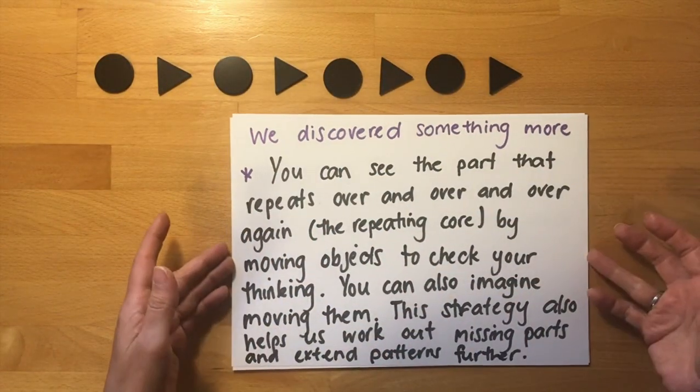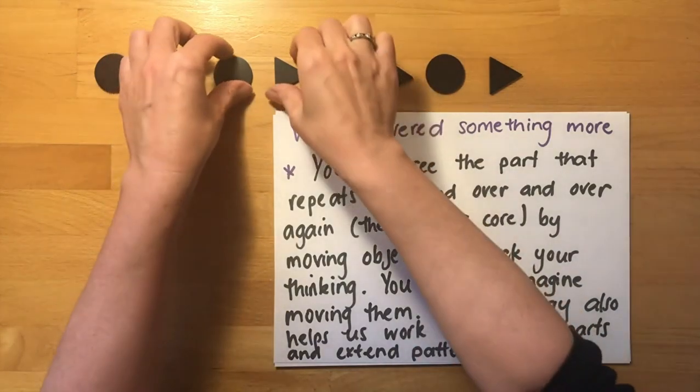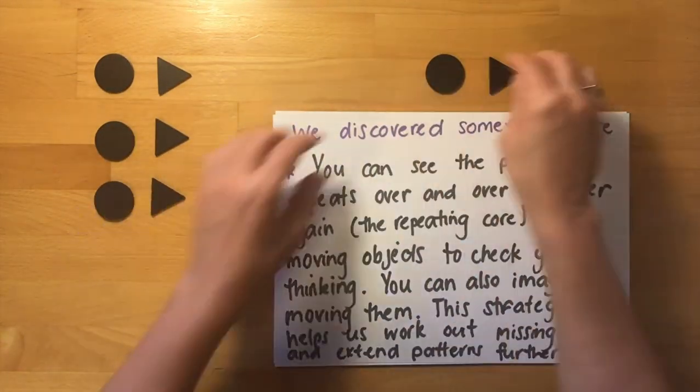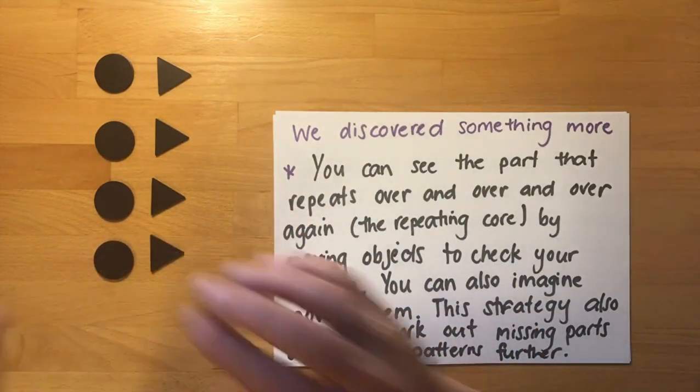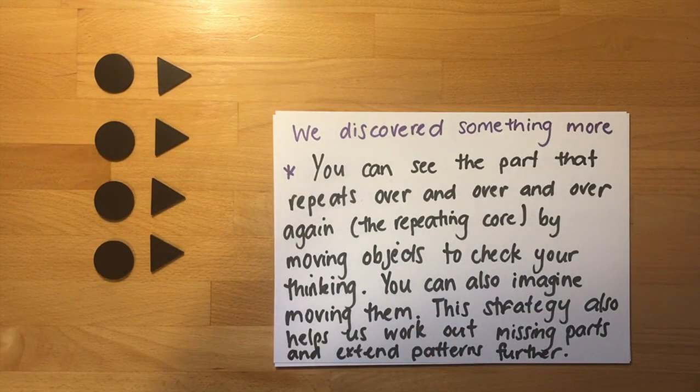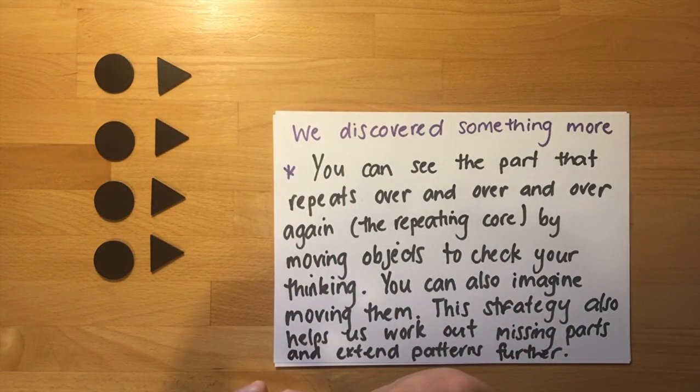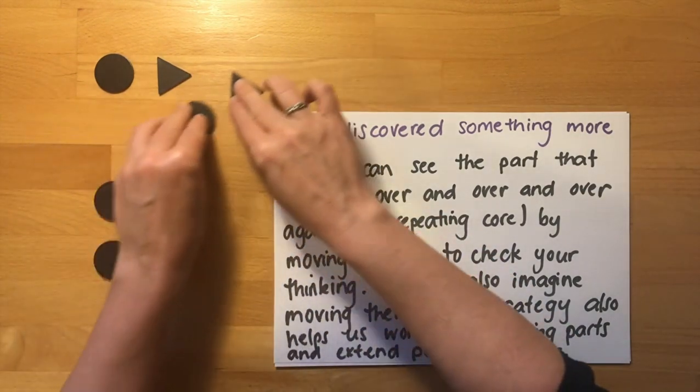And last time we investigated that you can move things down like this, and we can use this movement, or imagining this movement in our brains, to check that we found the core of our pattern, and that we can then move things back.